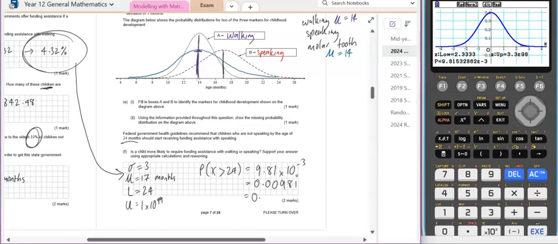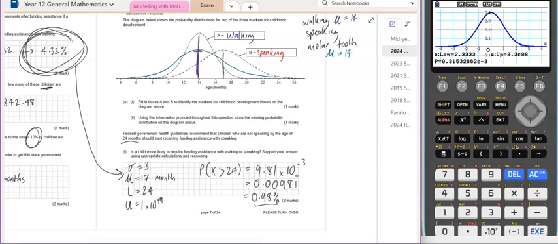We're talking about 0.98% of children needing help with speaking, as opposed to 4.32% of children needing help with walking.